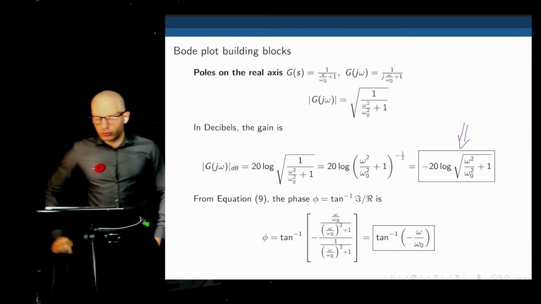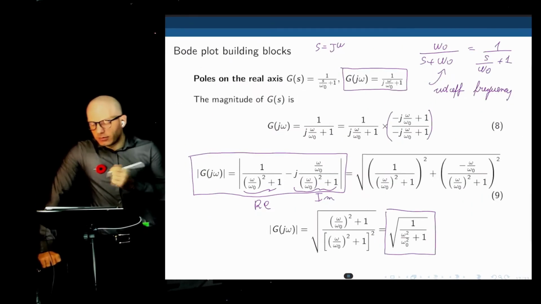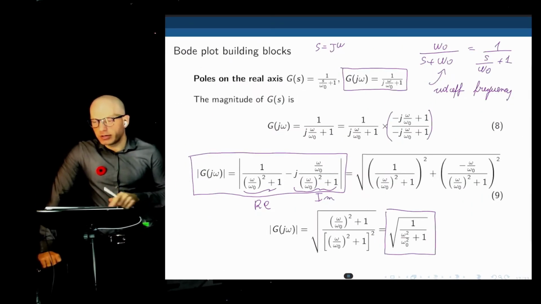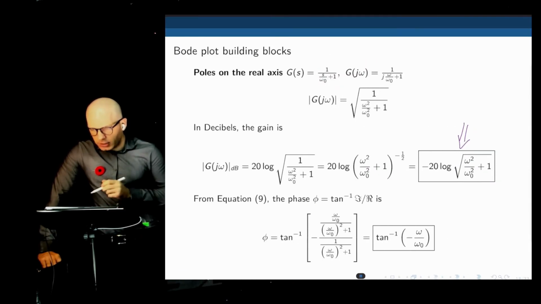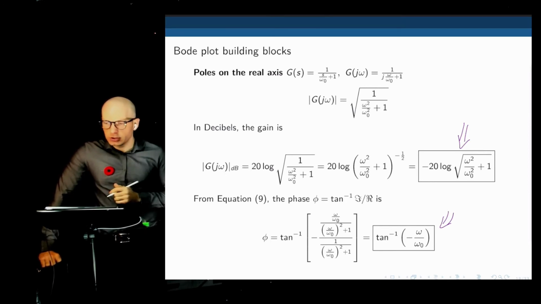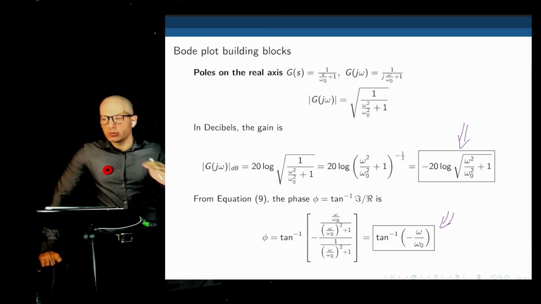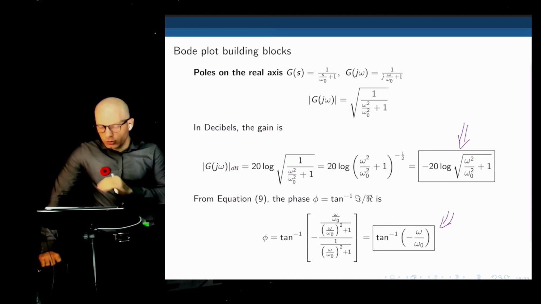And if you want to do the phase, just go back one step and take the inverse tangent of the imaginary part divided by the real part. That's what we are doing here, and this is the final result. I'm going to skip all the derivation, but the procedure is the same: find the real and the imaginary part, take the square root of the squares, and do the inverse tangent of imaginary divided by real. These are the two we get.